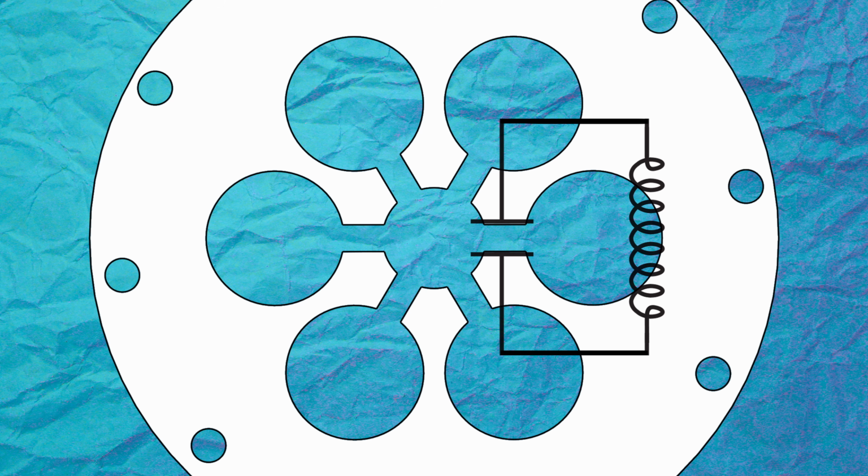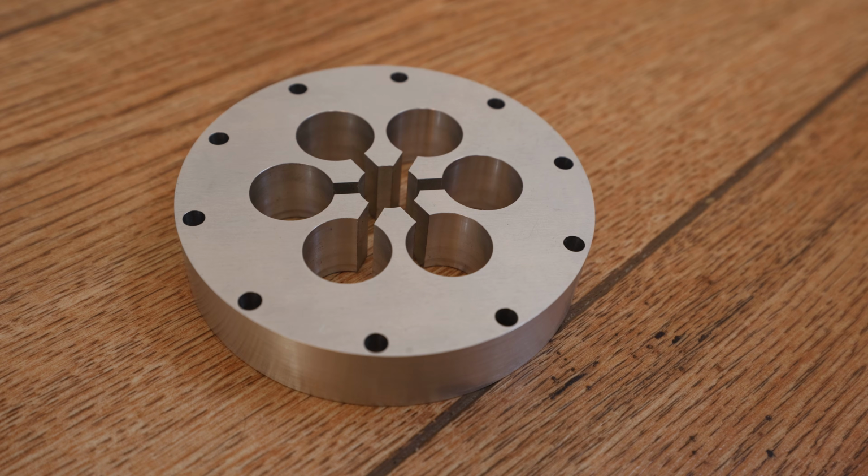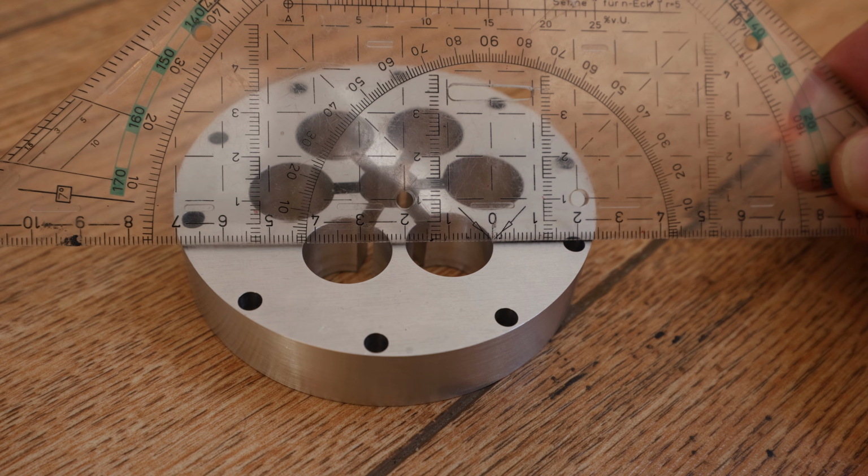They form a circuit with a capacitance and inductance, which is called a resonance circuit, because an oscillation is created when the electric energy in the capacitor is converted into a magnetic field in the inductor, and vice versa, going back and forth. This creates a frequency that is dependent on the value of the capacitor and the inductor. And in the cavity magnetron, these values are determined by the dimensions and size of the cavities.